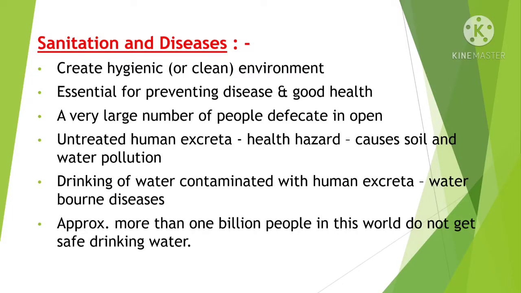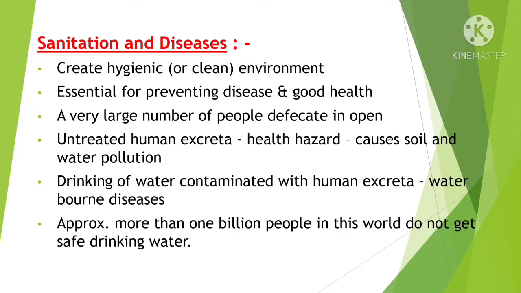Now the untreated human excreta is a health hazard because it can cause a large number of waterborne diseases. Waterborne diseases means those diseases which spread from the water. The untreated human excreta also causes soil pollution and water pollution.